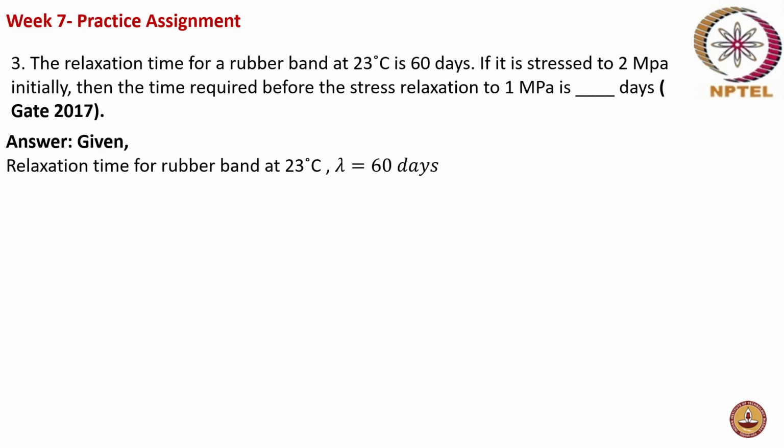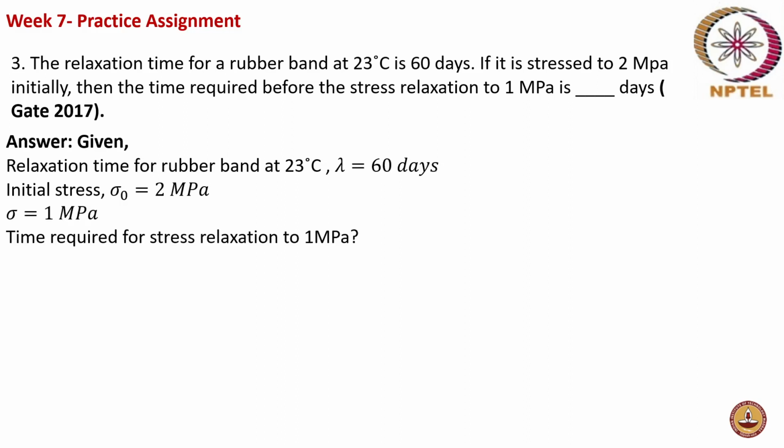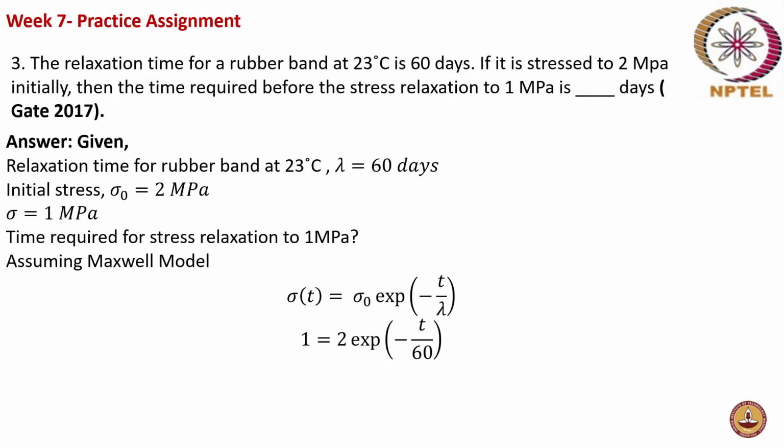Given the relaxation time for a rubber band at 23 is lambda equal to 60 days and the initial stress sigma naught is equal to 2 megapascal. The stress sigma is 1 megapascal, and the time required for stress relaxation to 1 megapascal is what is asked. Assuming the Maxwell model, sigma of t is equal to sigma naught into exponential of minus t by lambda, an exponential decay.